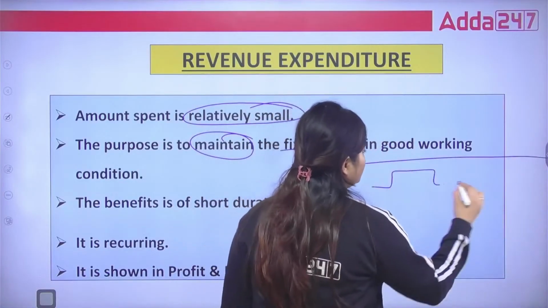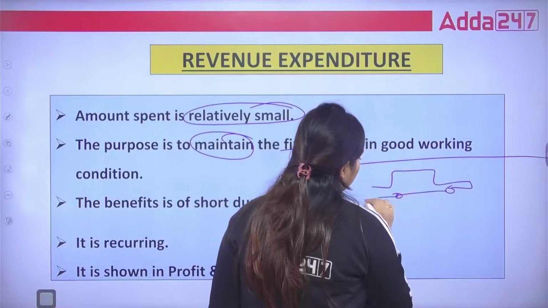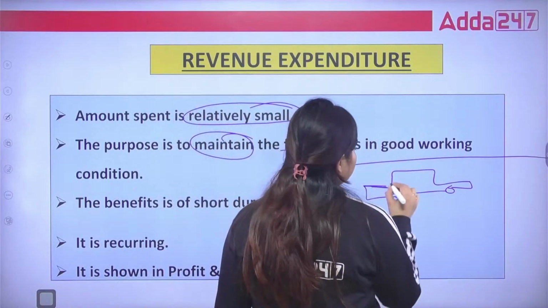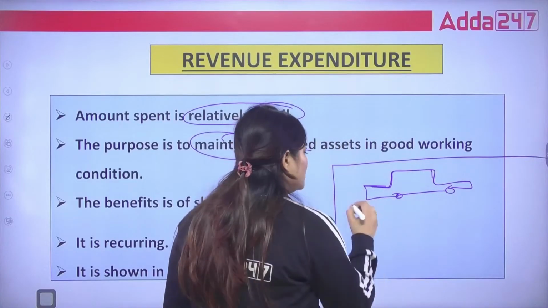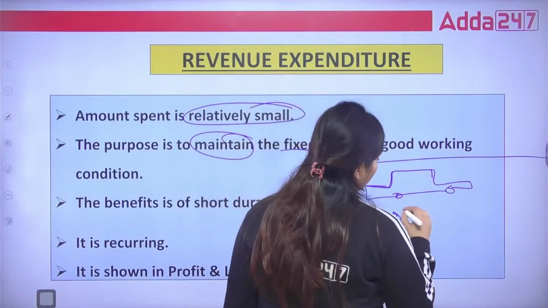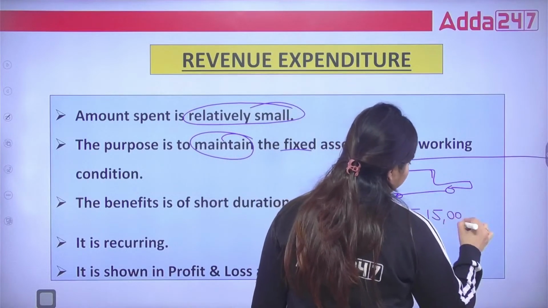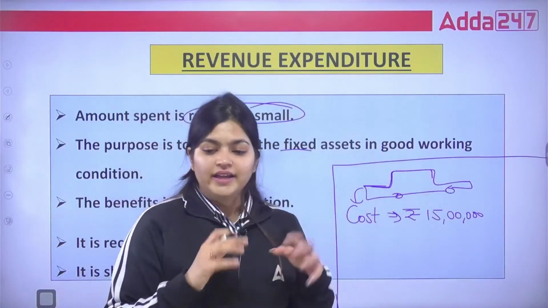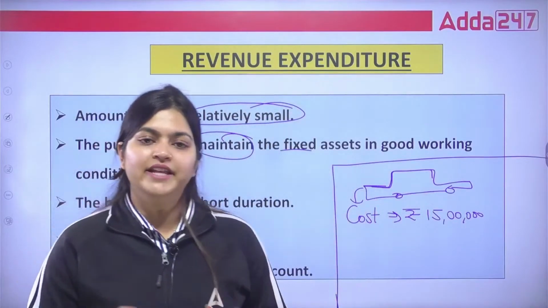I purchased one vehicle, not 4 vehicles. Okay. I purchased this vehicle. Now, the cost I paid for purchasing this vehicle, suppose rupees 15 lakhs. Yes, 15 lakhs I paid for acquiring this. But daily I need to do cleaning, maintaining.